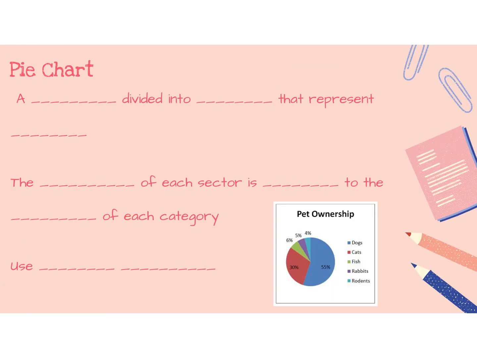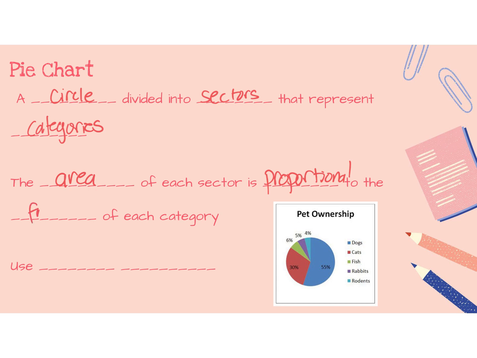Then we're going to look at a pie chart. A pie chart is a circle divided into sectors that represent categories. The area of each sector is proportional to the frequency of each category.